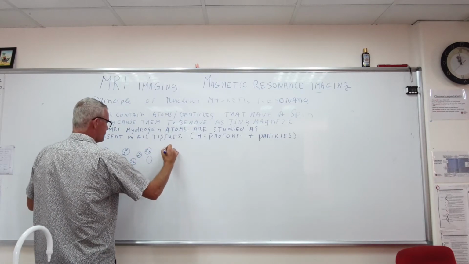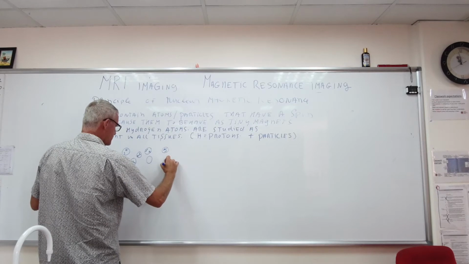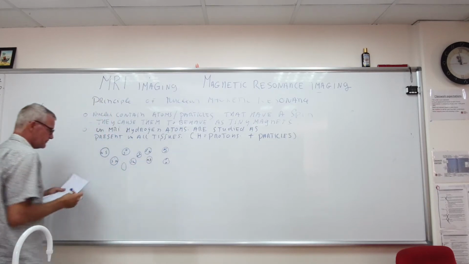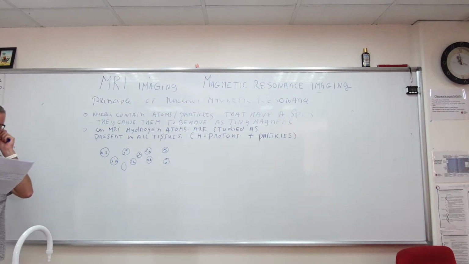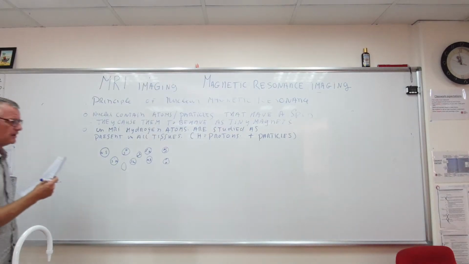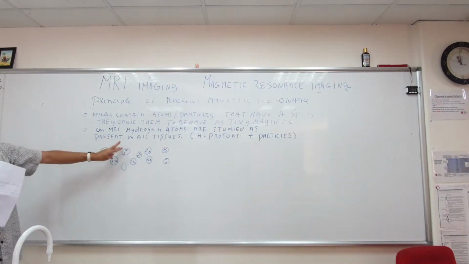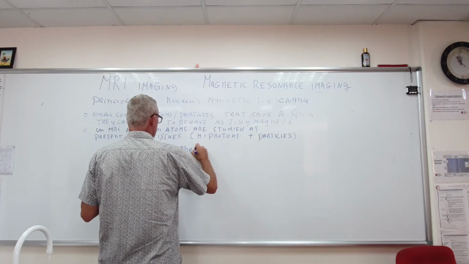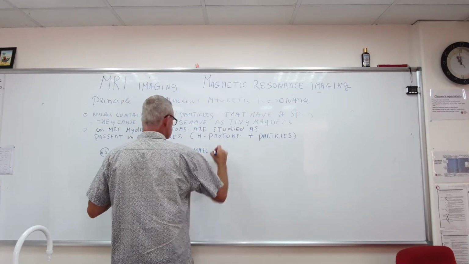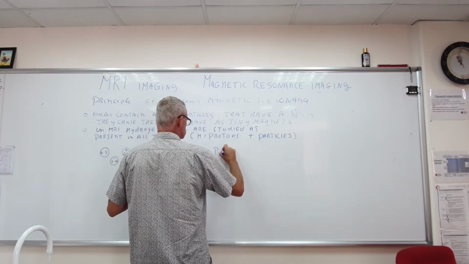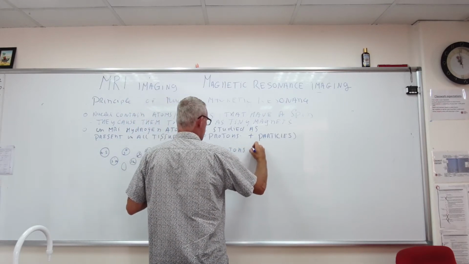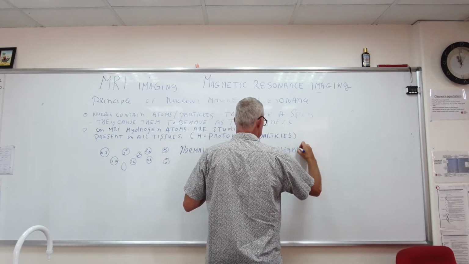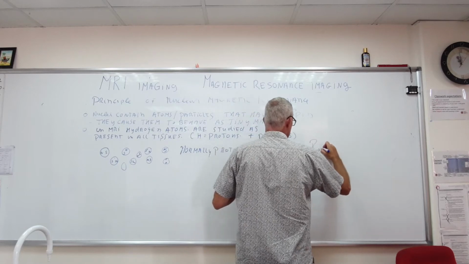So when we just look at these atoms, or protons, aligned randomly, overall there is no magnetic field. Yeah, so normally protons are aligned randomly.